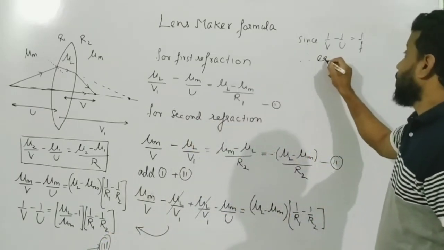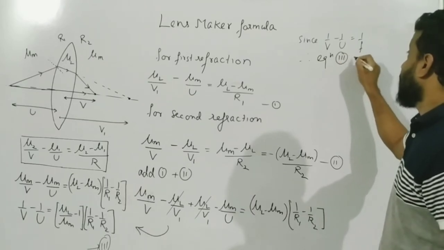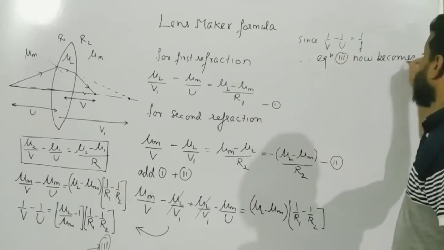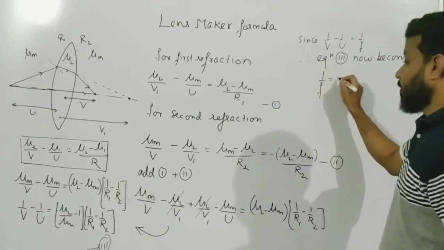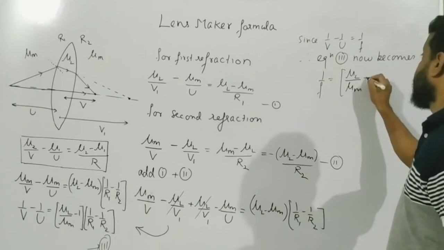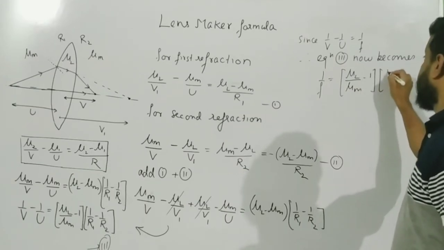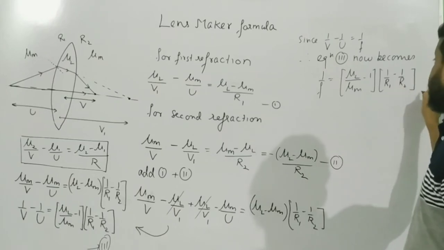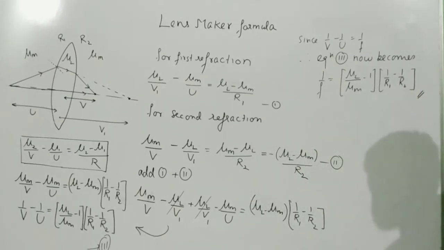Therefore equation 3 now becomes 1 by F equals mu L by mu M minus 1, into 1 by R1 minus 1 by R2. Correct?